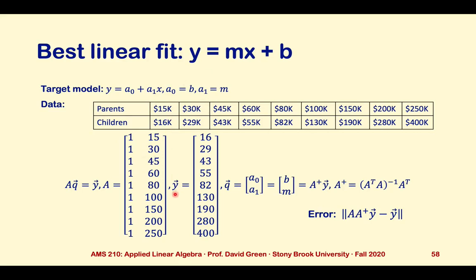The structure of A would have a first column corresponding to that 0th order term. The x is raised to the 0 power, a column of all ones, and the second column of A would just be all of the x data as a column to the first power.